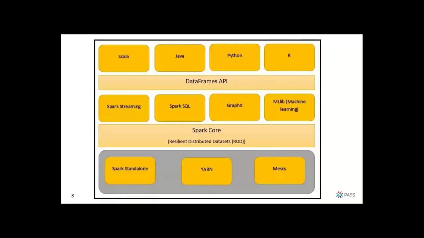There is a Spark Streaming internal library that enables Spark to process streaming data. There is a machine learning library and a graph processing engine as well. You can run them using the provided API from the core system.